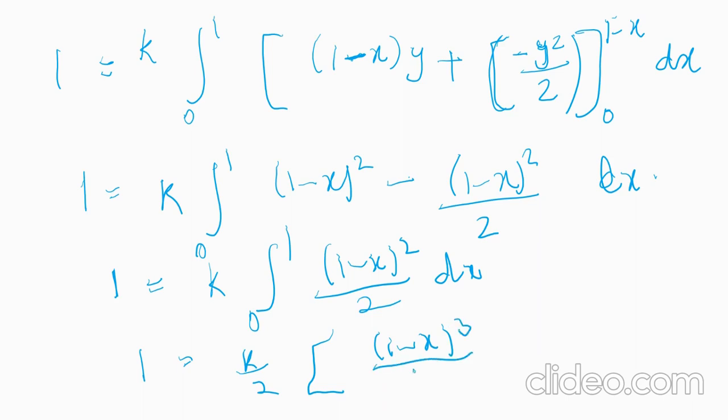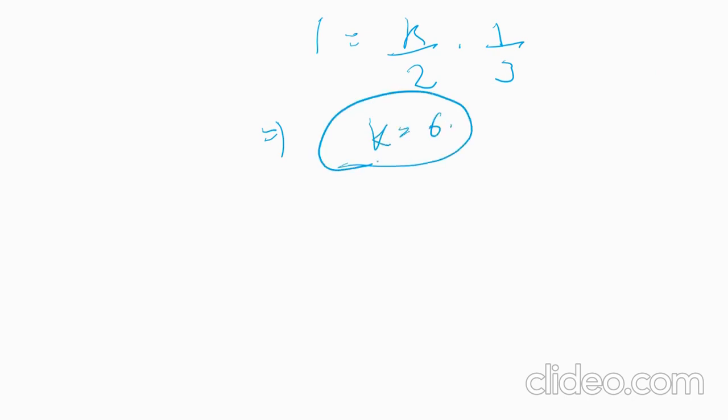Now we want to find this line. If you want to draw any line, just use the intercept form. So we can write it as x divided by 1 plus y divided by 1 is equal to 1. So these are the intercepts at 1 and 1. So this is the line.